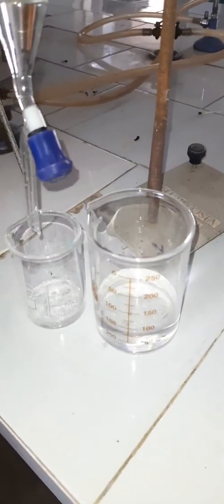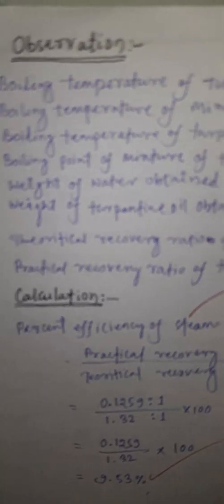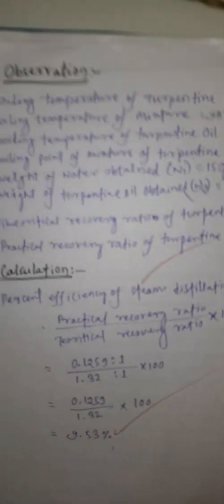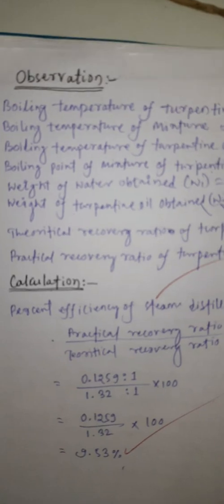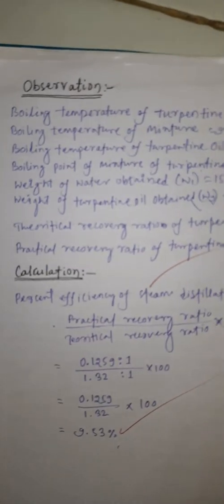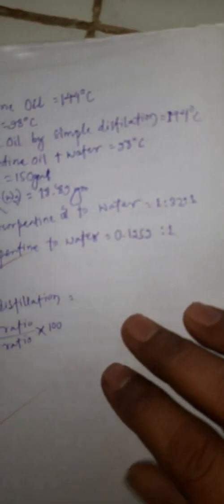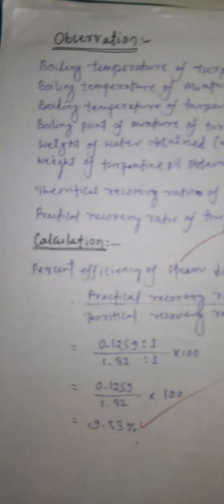The recovery ratio will be determined by the following observation part. This is the observation part. This is the boiling temperature of turpentine oil. We have already measured this. Then the boiling temperature of the mixture, we have measured this. Then the boiling temperature of turpentine oil by simple distillation, we have also measured this.